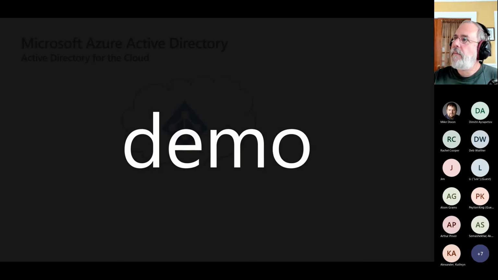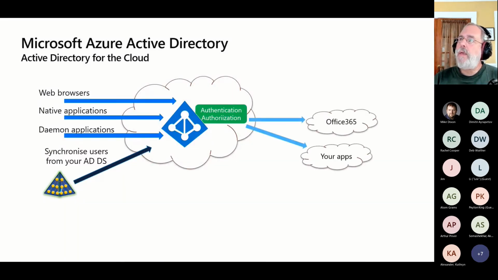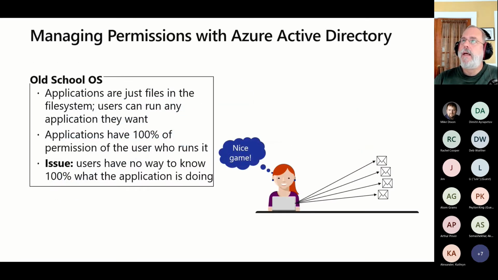Amazing. All right. So as you can tell, Microsoft Azure Active Directory is very much involved in all this. And you're probably all pretty familiar with it, so I'm not going to go over it again. But one of the key aspects of it is the way that permissions work. So a lot of us grew up with old school operating systems, including probably the one that the computer you're sitting at right now still supports this very simple model, because Windows, Mac, and Linux all still do, unless you go to like the Windows Store.